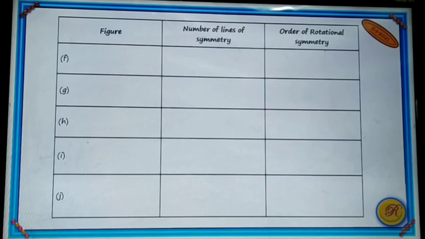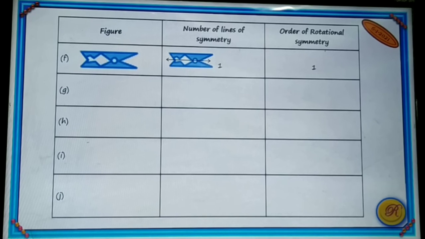For figure F, number of lines of symmetry 1. Order of rotational symmetry 1. For figure Z, number of lines of symmetry 0.